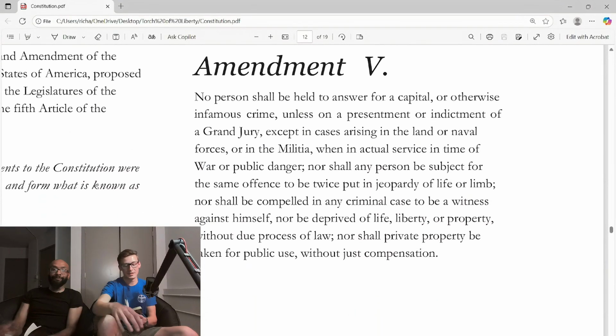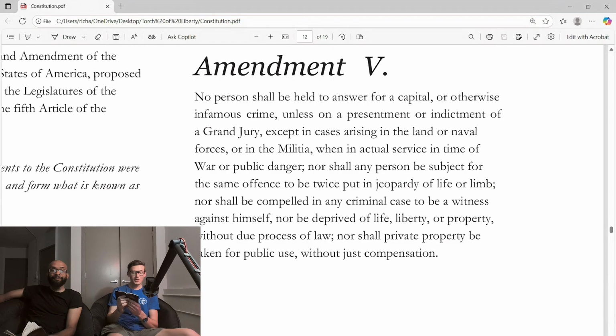Number 5. No person shall be held to answer for a capital or otherwise infamous crime unless on a presentment or indictment of a grand jury, except in cases arising in the land or naval forces or in the militia, when in actual service in time of war or public danger.